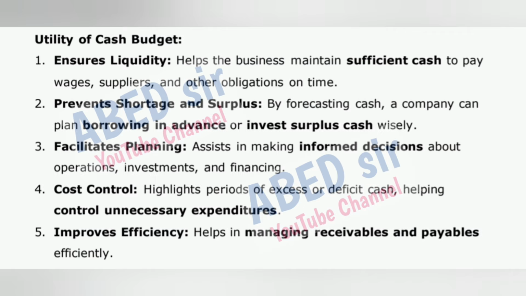Facilitates planning: assists in making informed decisions about operations, investments, and financing. 4. Cost control: highlights periods of excess or deficit cash, helping control unnecessary expenditures. 5. Improves efficiency: helps in managing receivables and payables efficiently.